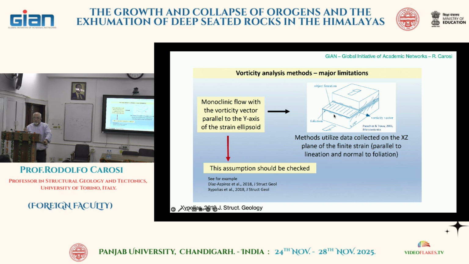If there are rotations, probably you are oblique to the vorticity axis. You are not in a monoclinic flow, so you have to do some very complex thing to correct the sample or put the sample away. So in this section, you must not observe rotation if you are in monoclinic flow.